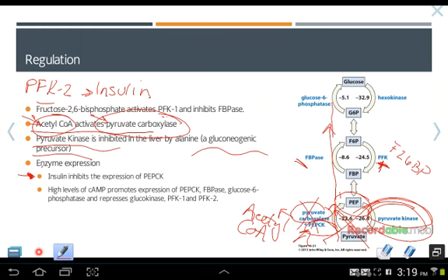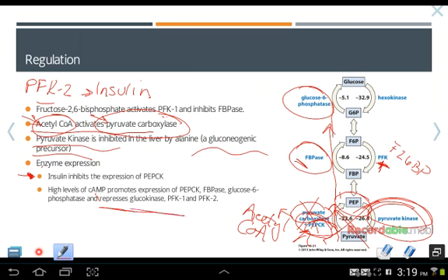And then also high levels of cAMP, which is a byproduct of the citric acid cycle, promote the expression of PEPCK, which is here, FBPase, as well as glucose 6-phosphatase, and then repress expression of glucokinase, PFK1, and PFK2.